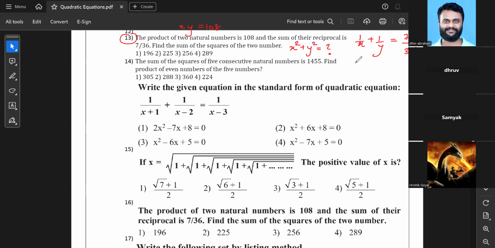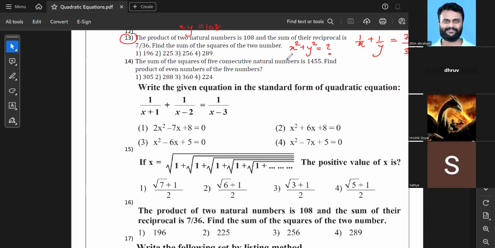Sir, it's easy only. You first take the LCM and get xy. Then you find the value of x plus y, square it, and subtract 2xy by multiplying the first equation by 2.